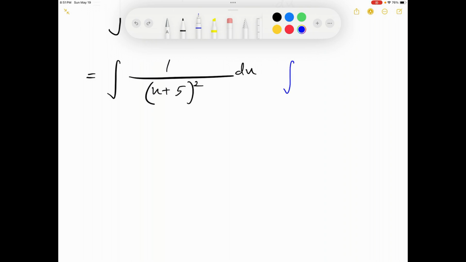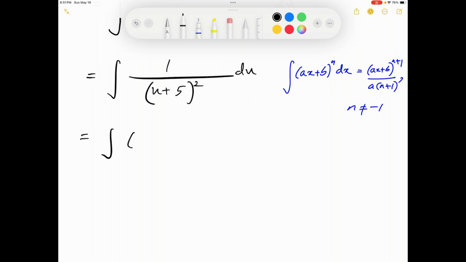Then we know that we can use the result from the standard table. We know integration of ax plus b raised to the nth power dx is equal to ax plus b raised to the n plus first power divided by a times n plus 1, where n is not equal to negative 1. If you pay attention on this integral again, we can rewrite this as integration u plus 5 raised to the negative second power du.